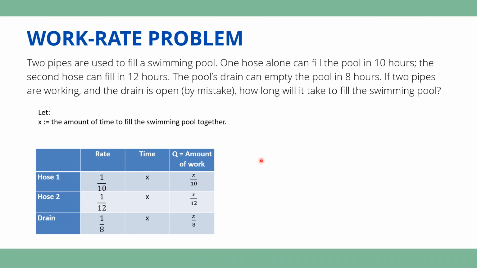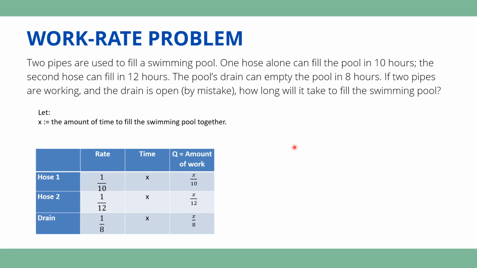So next step is to write our equation. For this case, meron tayong dalawang host na nag-work together and meron tayong drain. So ini-empty niya habang yung dalawa ay nagfi-fill ng pool.